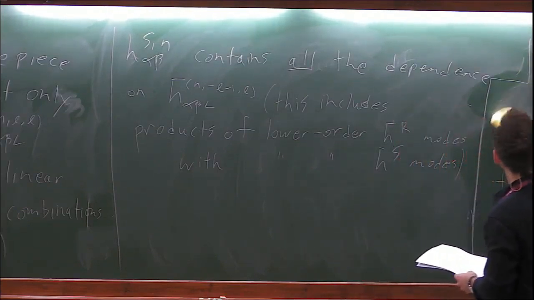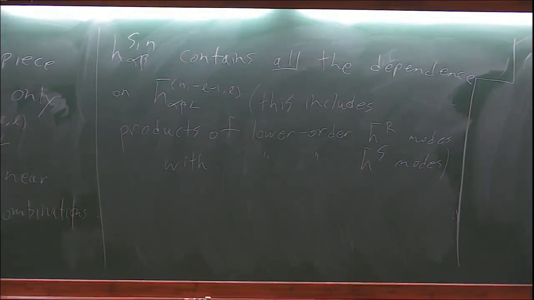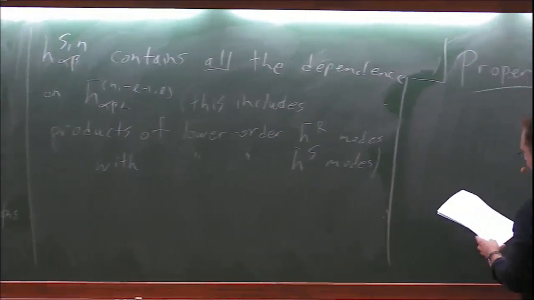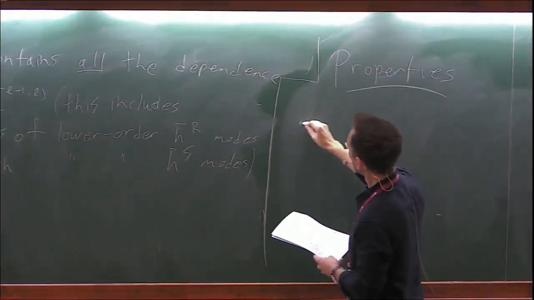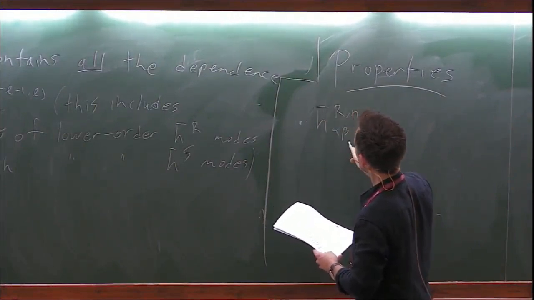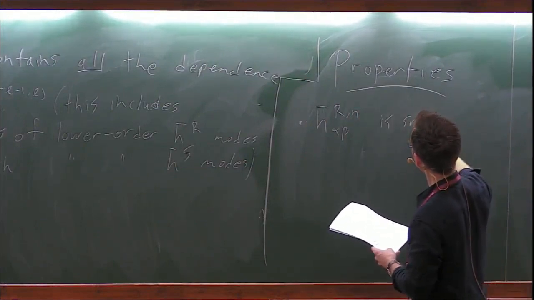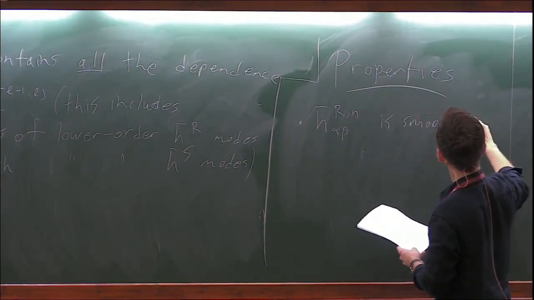Okay, what are the properties of the S field and the R field? Well, h bar R is smooth, as I said, at r equals 0.